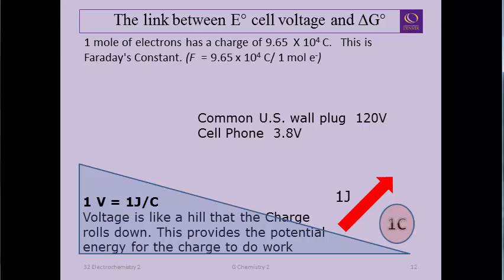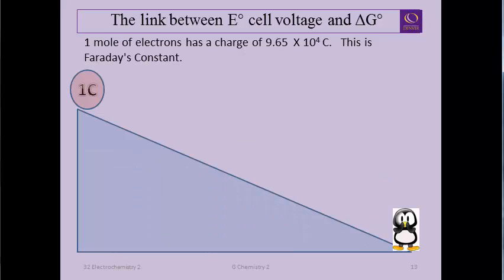Alright, so for example, a common US wall plug has 120 volts, a cell phone has 3.8 volts. That wall plug is much steeper, the coulombs flow with much more energy than the cell phone. If I moved up to a 2 volt slope, you can imagine that coulomb has a lot more energy.